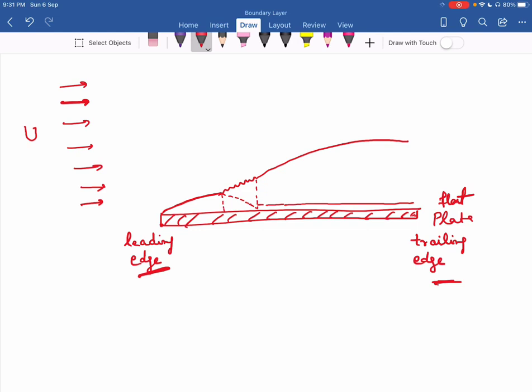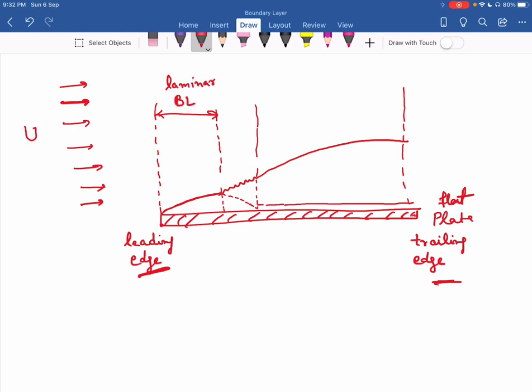So this is the initial part of this layer, and that we call the laminar boundary layer.